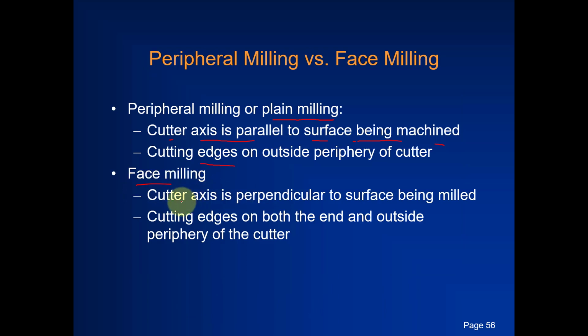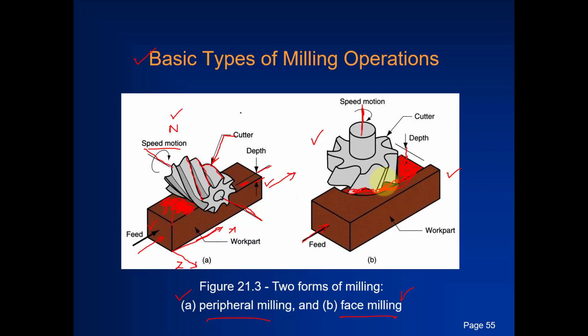In face milling, the cutter axis is perpendicular to the surface being milled or machined, and the cutter edges are on both the end and the outside periphery of the cutter. If you look at this, the cutter edges will be on this periphery and also on the outside. Why?